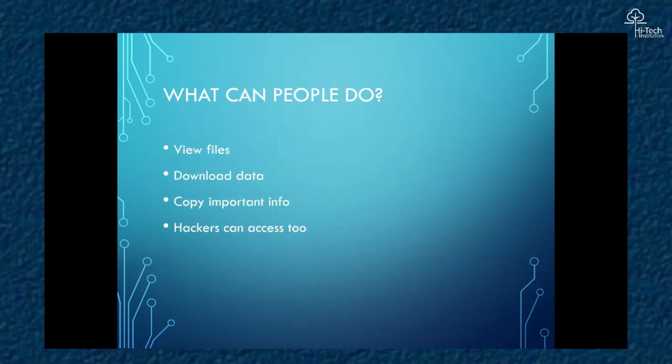What can people do with public access? First, they can view the files, they can download the data, and they can copy the more important information, and a hacker can do this too.